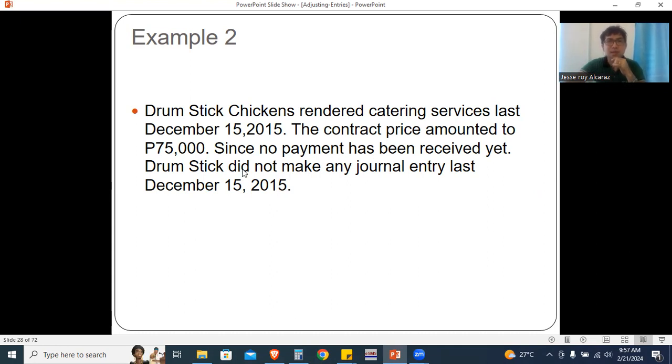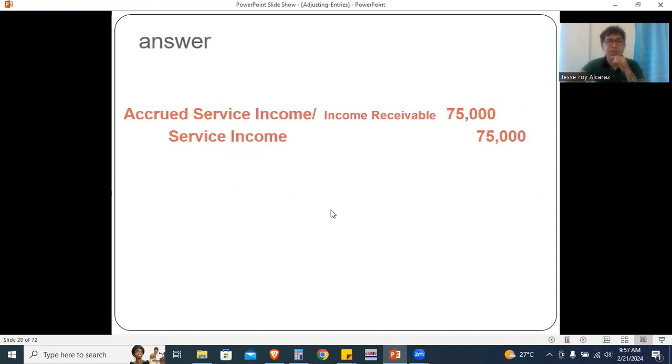Therefore, it needs an adjusting entry. So, sa man atong adjusting entry, we simply debit accrued service income or accounts receivable 75,000. So this is a receivable from our clients. And then we record service income because we have already rendered the service.